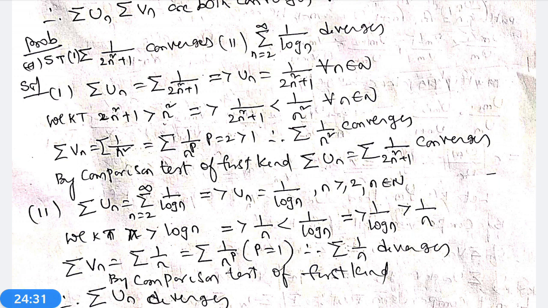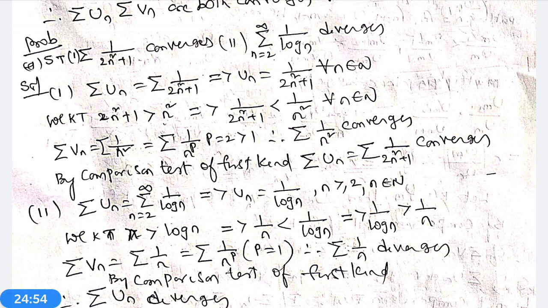First we solve the problem. Sigma un is equal to sigma 1 by 2n square plus 1. This implies un is equal to 1 by 2n square plus 1, greater than 0. Next, we know that 2n square is greater than n square, and also 2n square plus 1 is greater than n square.